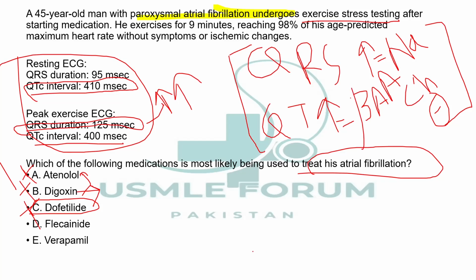So class 1 antiarrhythmics will be implicated in this case, which is flecainide, because it is a sodium channel blocker. Also, it is a class 1 antiarrhythmic.